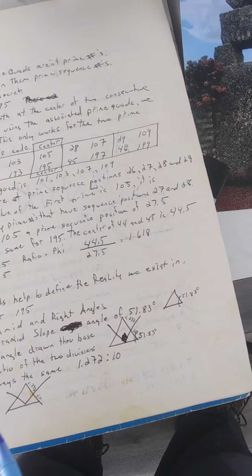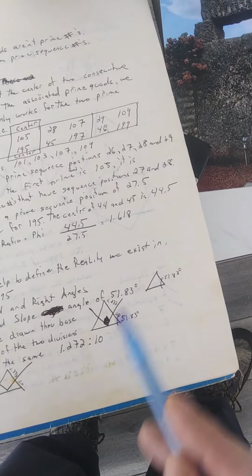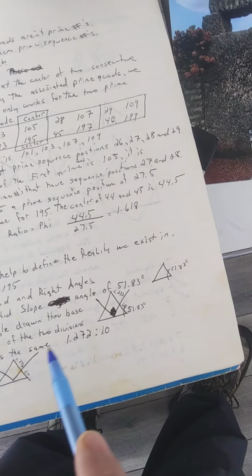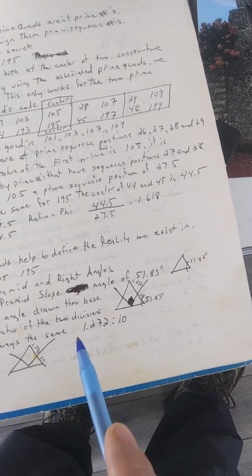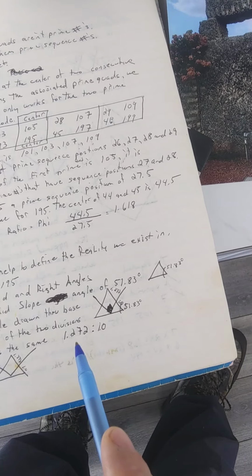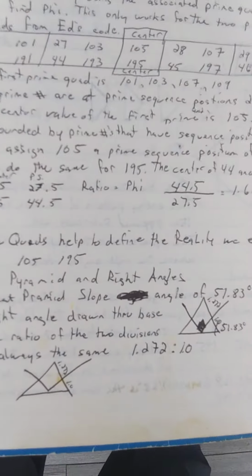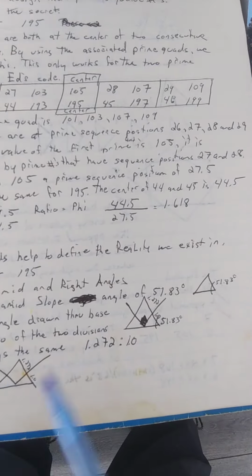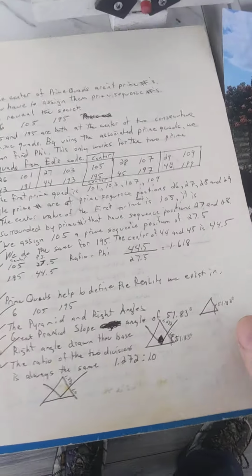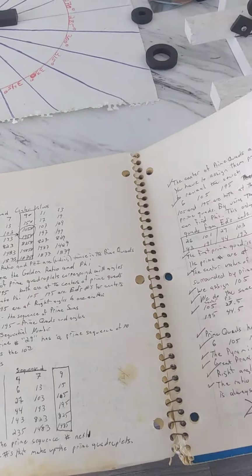The right angle is drawn through the base. Okay, the ratio of the two divisions is always the same, 1.272 to 1. So it's always giving you the Freemason V, the vector, because it's showing you point source.